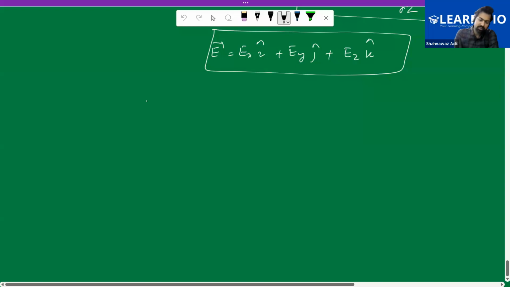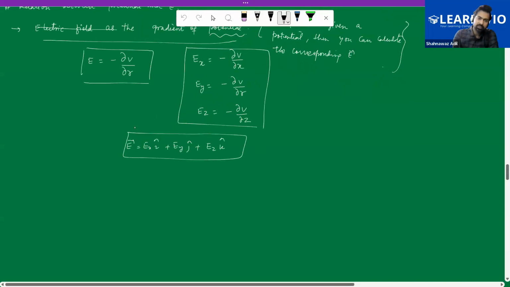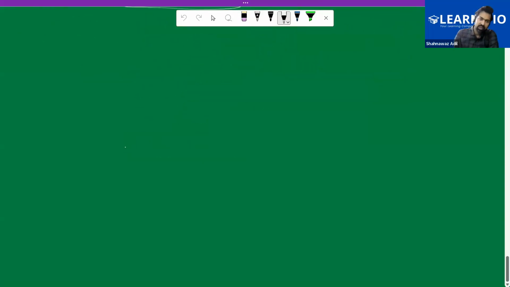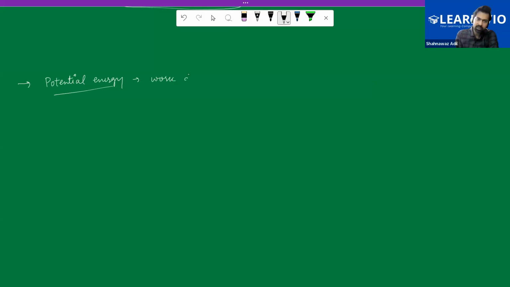Okay, so right, the potential energy is simply the work done in making the system. Right, so this is what we call the potential energy.